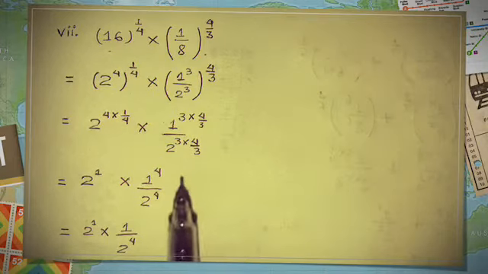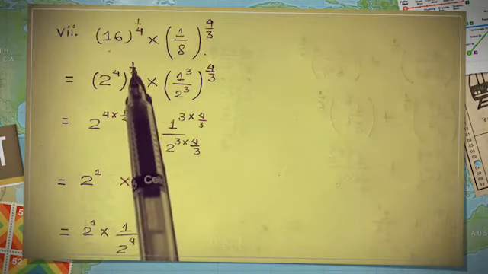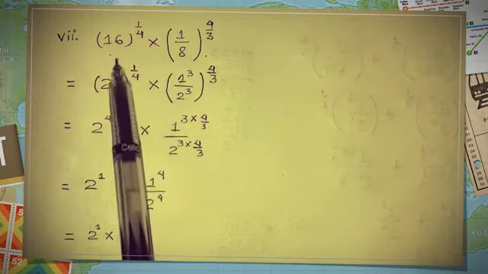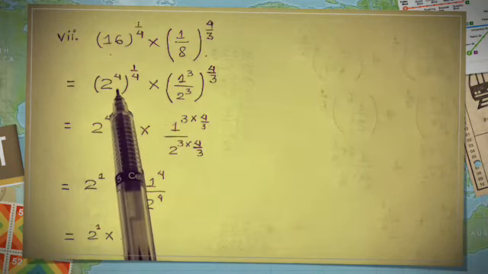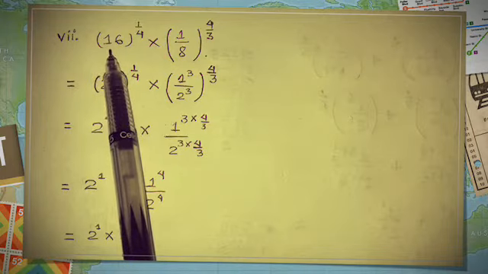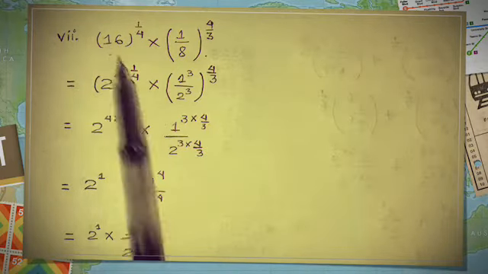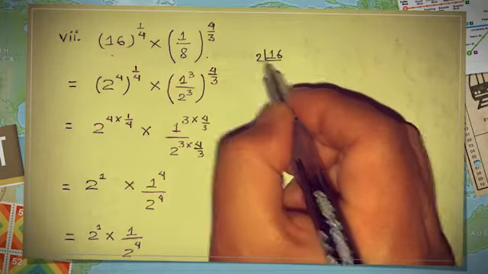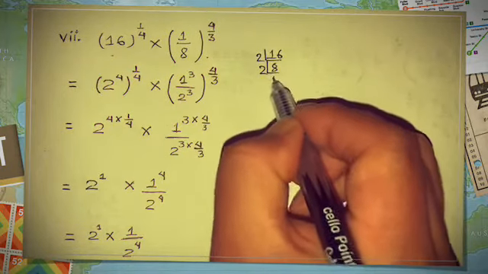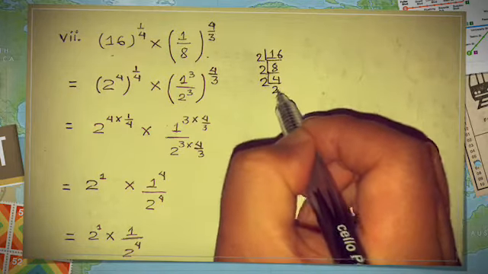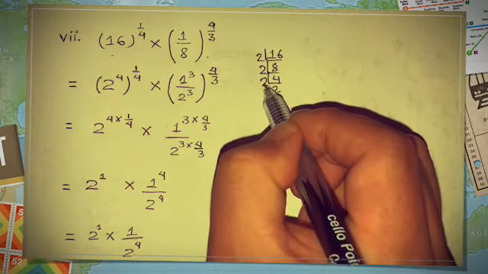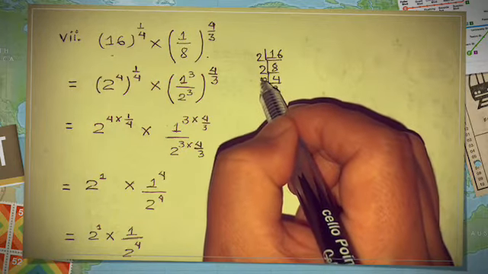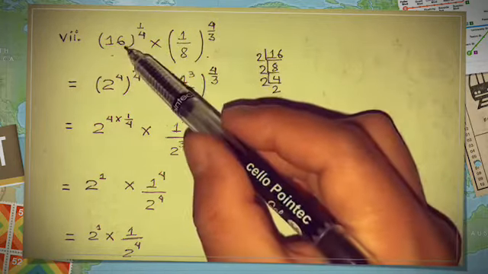Now look here. Here we have one question. In the second step, what is done? We know 2 to the power 4 is 16. Look here: 16 is 2 eights, 2 fours, and 2 twos. So if 2 is multiplied 4 times, then 16 is obtained.